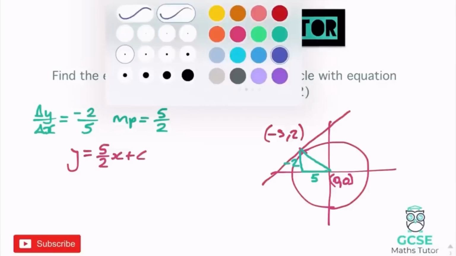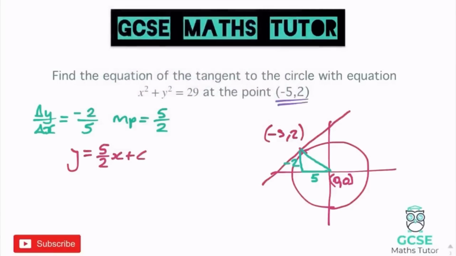Our coordinate this time is negative 5, 2, and if we sub that in, what do we get? We get 2 equals 5 over 2 multiplied by the x coordinate there, which is negative 5, plus c. Expanding that out to tidy it up, 2 equals, don't forget that's negative 5 over 1, so it's minus 25 over 2, plus c.